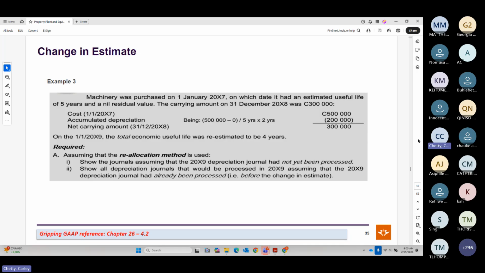The first part says, show the journals assuming that the 20x9 depreciation journal had not been processed. Part 2 says, show all depreciation journals that would be processed in 20x9, assuming that the 20x9 depreciation journal had already been processed, i.e. before the change in estimates.